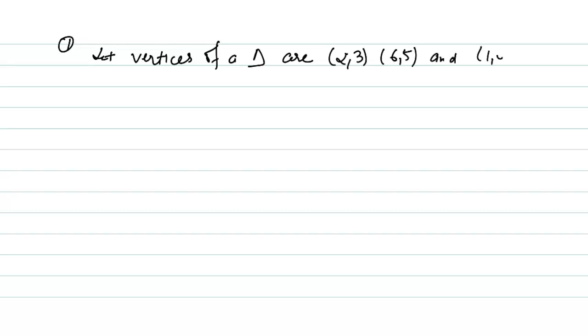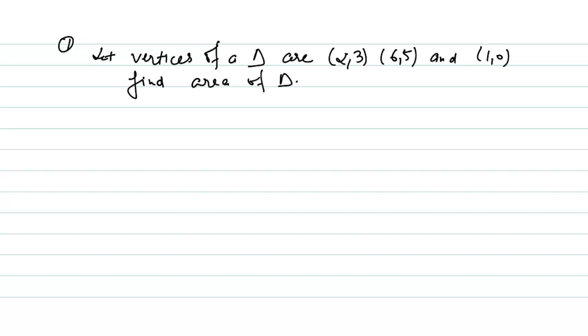Let the vertices of a triangle be given. These are given by 2, 3, 6, 5 and 1, 0. Our question is to find the area of the triangle.